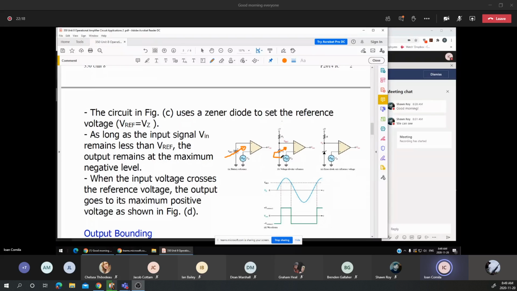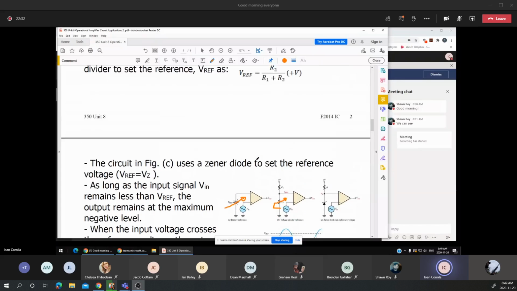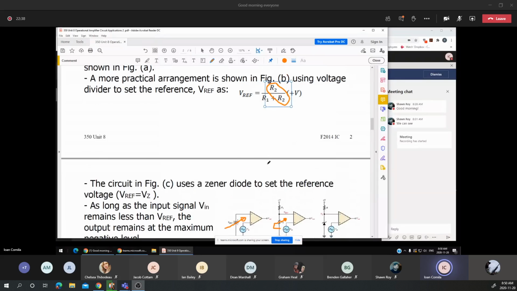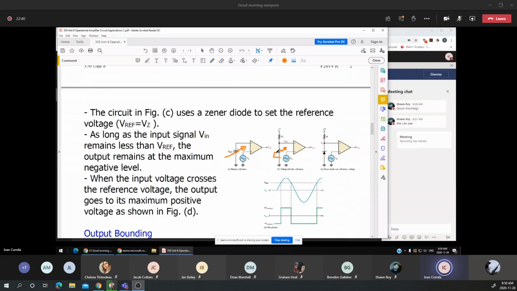In this way, we can make a fine adjustment of the reference voltage by simply changing the resistance R2. I would not suggest having both resistors change, just one of the two. And if you look at this equation, because R2 is in the numerator and denominator, I would suggest changing the resistance R2 instead of R1.